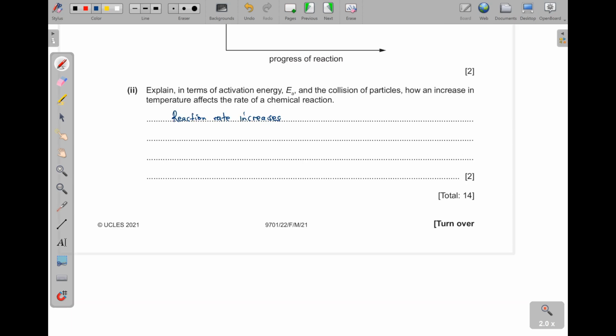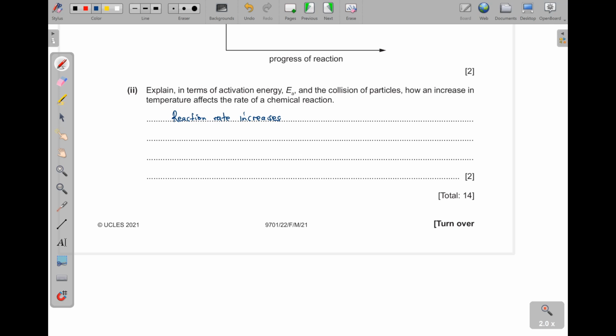Now, when you increase the temperature, these particles gain more energy, then they start moving faster. In moving faster, their energy has increased. So we are going to have many particles that have energy equal or greater than the activation energy.